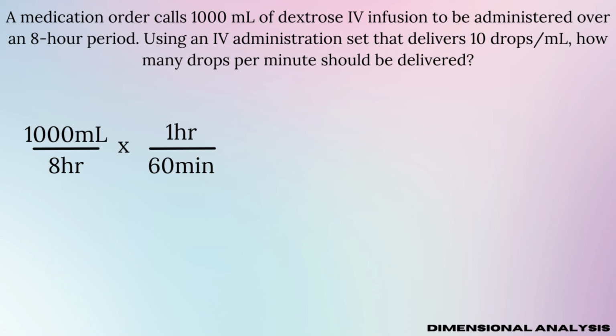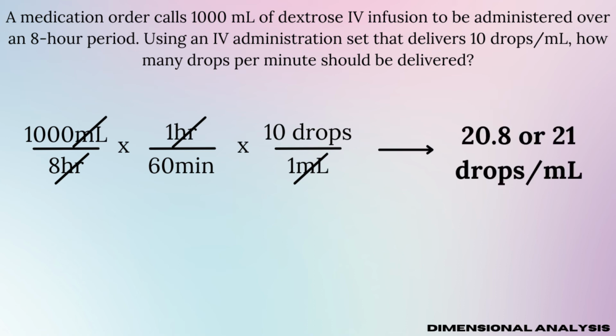Next naman, the answer requires us to have the milliliters into drops. We have 1,000 ml of dextrose, and in order for us to convert it into drops, we have an administration set na gagamitin to deliver 10 drops per ml. We then write 10 drops per ml in the solution. Canceling the similar units on the numerator and denominator, we then have an answer of 20.8 drops or 21 drops per ml.